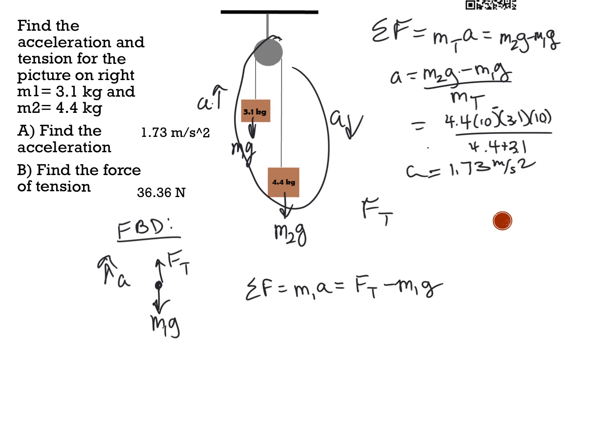So force of tension is simply mass 1a plus mass 1g, which makes sense. Pulling mass 1 out, I get 3.1 times the acceleration, 1.73, plus gravity, 10. So we get approximately 36.4 newtons when we do all our math, okay?